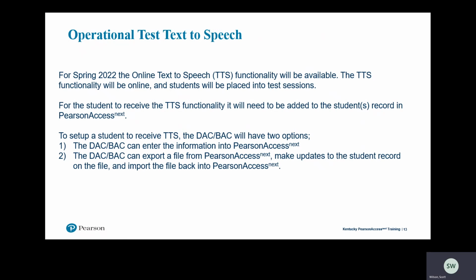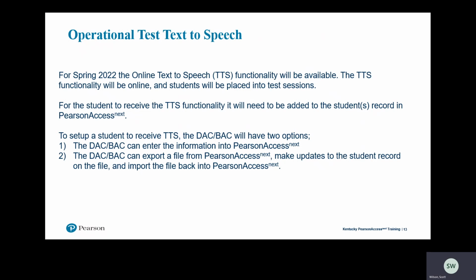Next, we have information about the text-to-speech. For spring 22, the text-to-speech functionality will be available. This will be online and students will be placed into test sessions. For a student to receive the text-to-speech functionality, it will need to be added to the student record in Pearson Access.